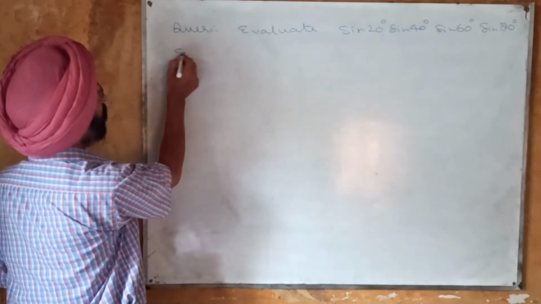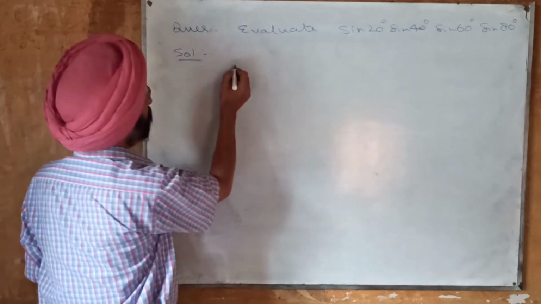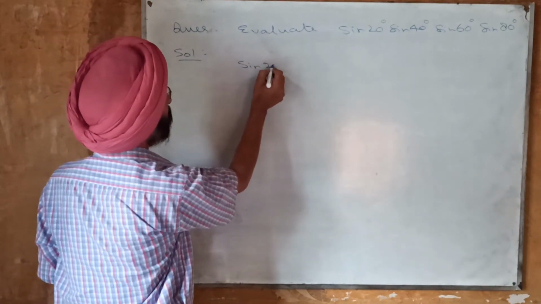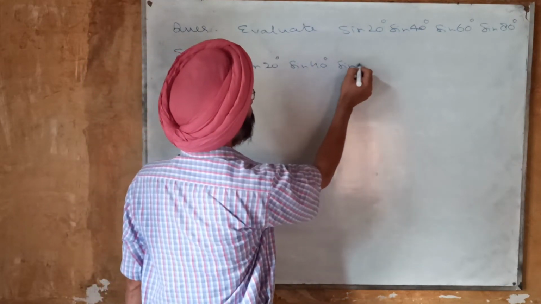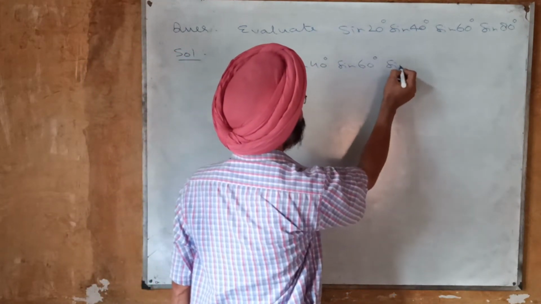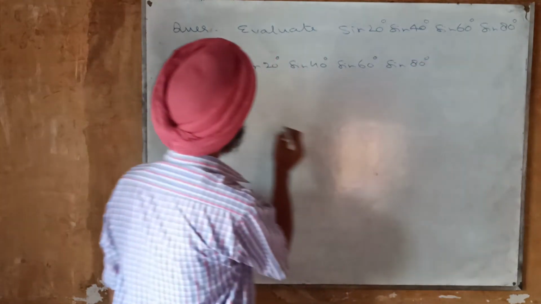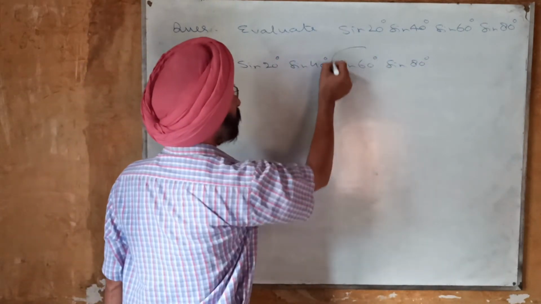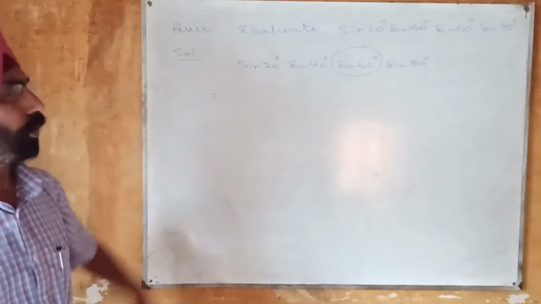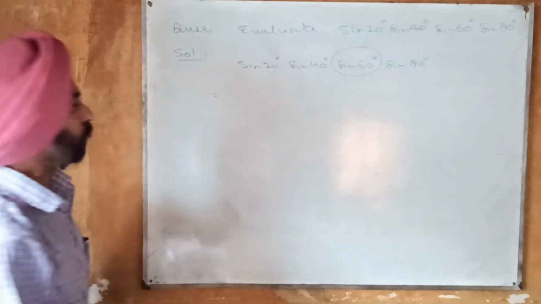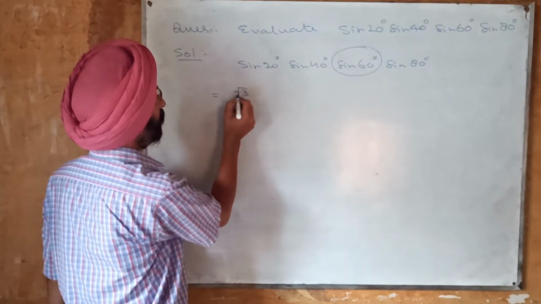So we start with this term, sine 20 degree, sine 40 degree, sine 60 degree, sine 80 degree, which is equal to, the value of sine 60 degree is known to us, root 3 by 2.